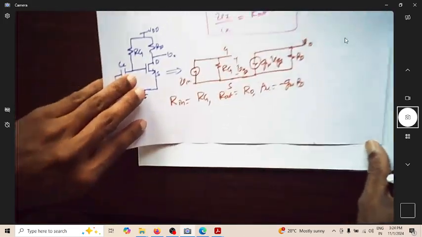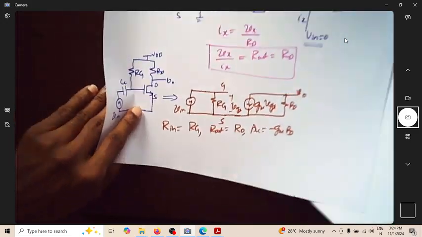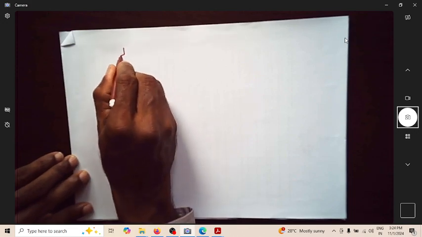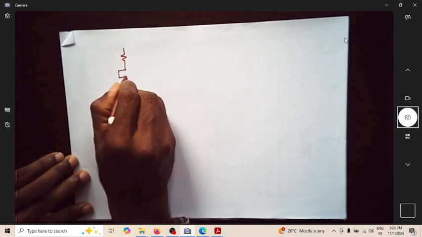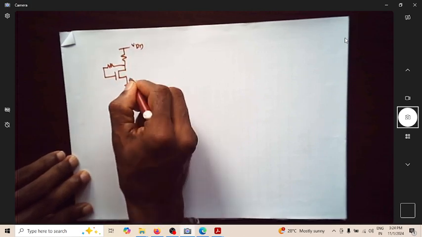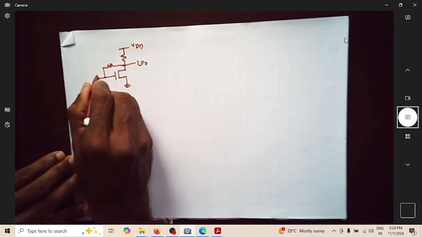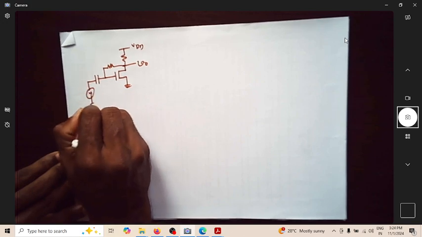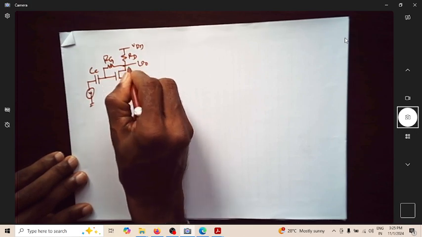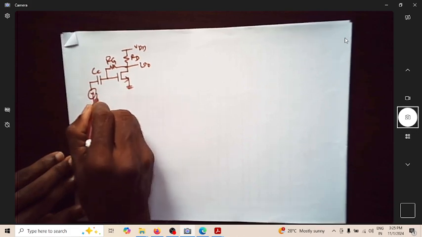Suppose I write another circuit which is slightly like this. This is VDD, grounded, and this is V0. This is CC, this is now RG, this is RD, and this is V0, this is Vin.